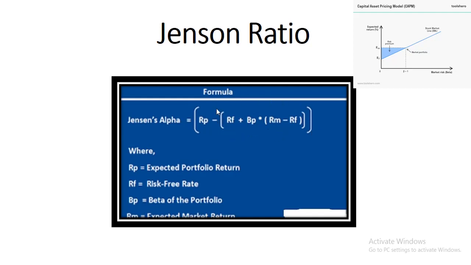For example, when we calculate for X, it should be 10, but if X is giving more than 10, it is generating extra return. So Jenson's alpha is called how much extra return portfolio is generating, is giving you. So this is called standard return, and this is actual return. So actual minus as compared to standard, what is Jenson's alpha?